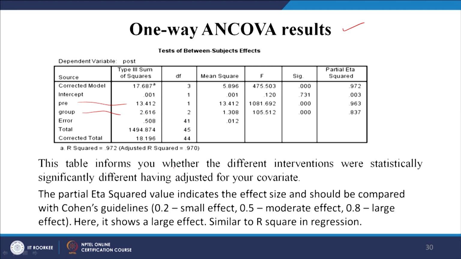This table infers whether the different interventions were statistically significantly different, having adjusted for your covariate, right. The partial eta square, this value, indicates the effect size and should be compared with Cohen's guidelines. This is something which says if it is under 0.2, this value, right.